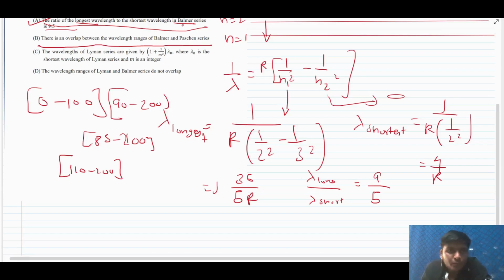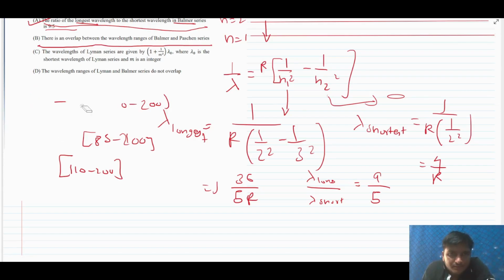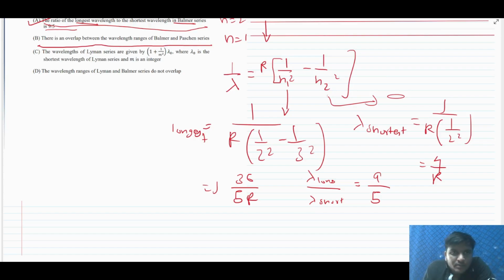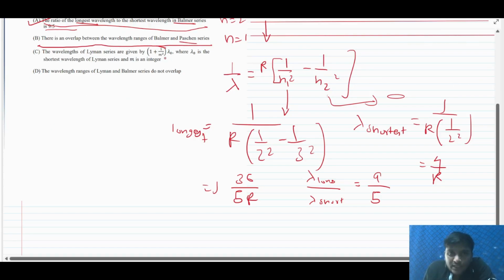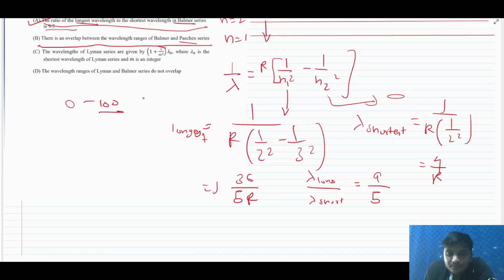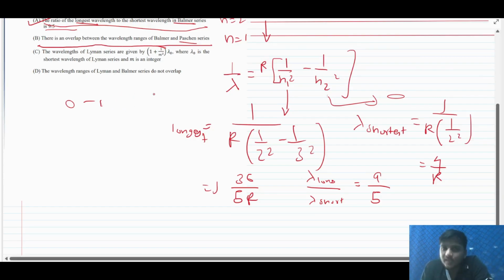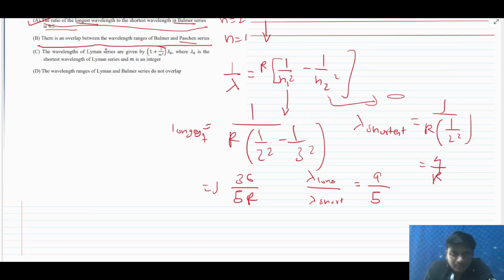So to prove this, let me first erase all this. We will find the longest wavelength of Balmer and the shortest wavelength of Paschen, and see whether they overlap or not, whether it is less than or more than. The longest wavelength of Balmer is 36 by 5R.